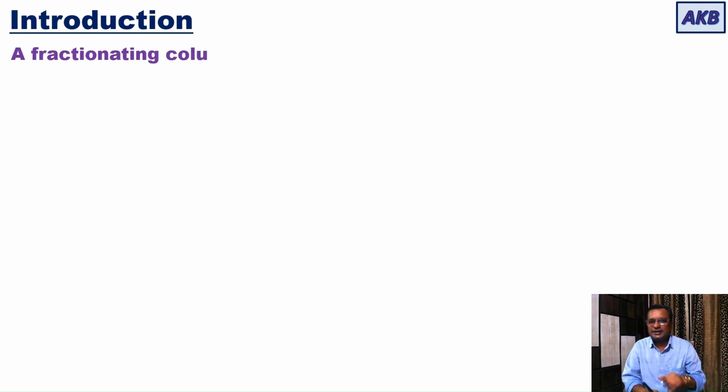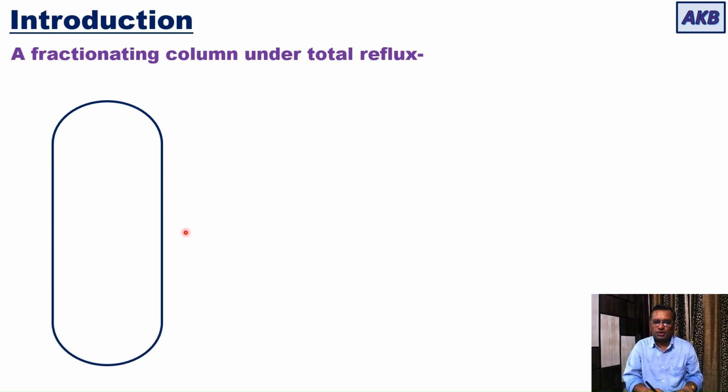As I said, the Fenske equation is used to find the minimum number of stages in a tray column, and the minimum number of stages will come into the picture when the tray column is operating under total reflux. So first, to begin with, let us look at the fractionating column that is operating under total reflux.